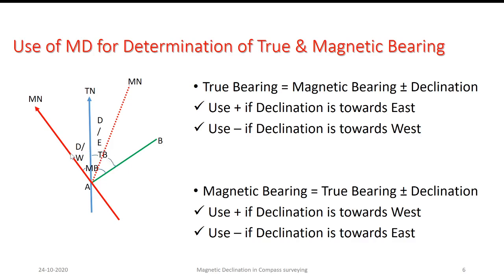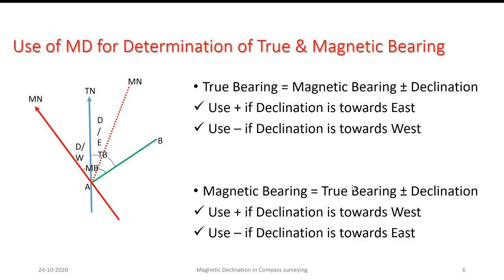Whereas if we consider the reverse case, that is, if the declination is westward, the true bearing of that particular line will be the magnetic bearing, that is this particular total angle, and we have to deduct that particular declination which is on the westward side.